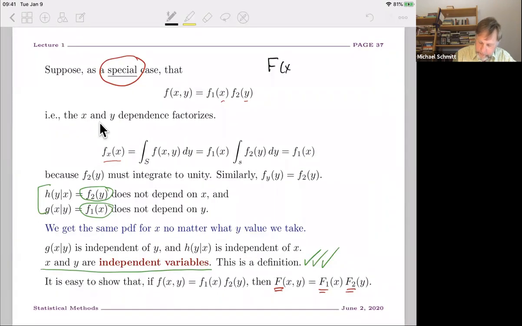F of X is by definition the integral. Let's say we have a PDF of X and it's a continuous variable. So we're going to integrate over that PDF out to infinity, whatever is the maximum allowed value of X prime. And we're going to start at X. Okay, this is the cumulative PDF.